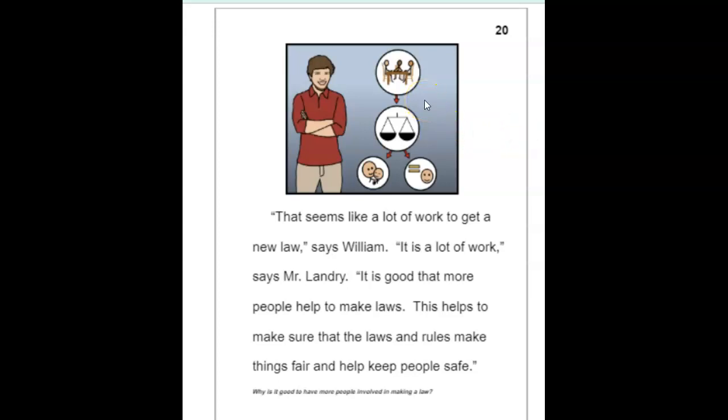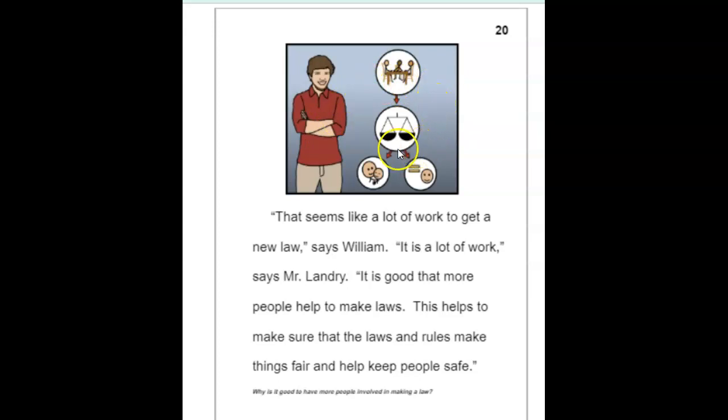That seems like a lot of work to get a new law, says William. It is, says Mr. Landry. It is good that more people make laws.